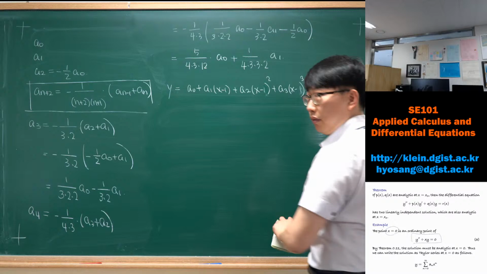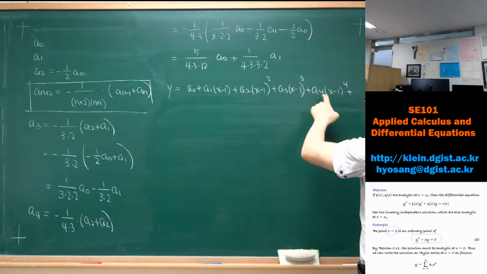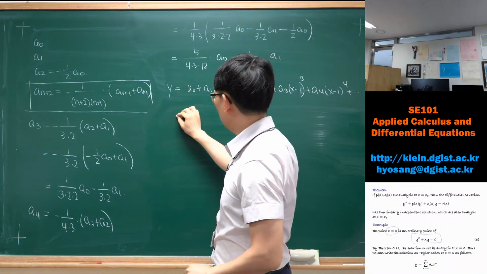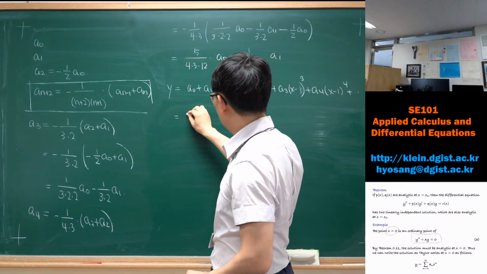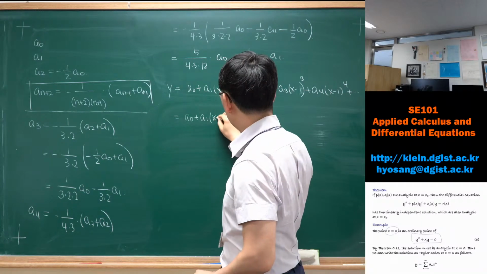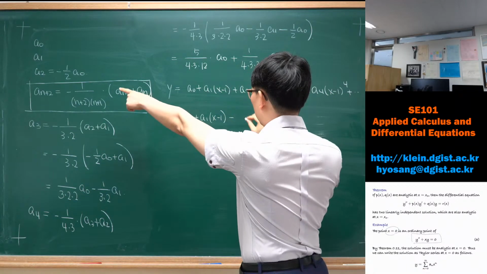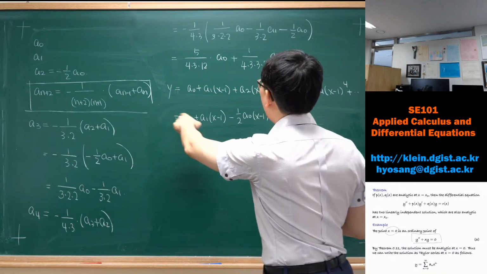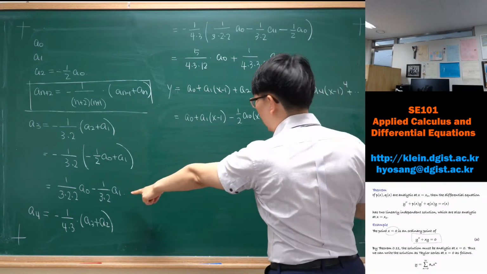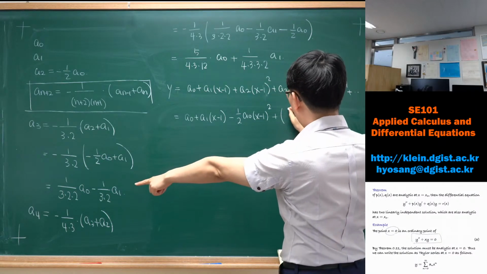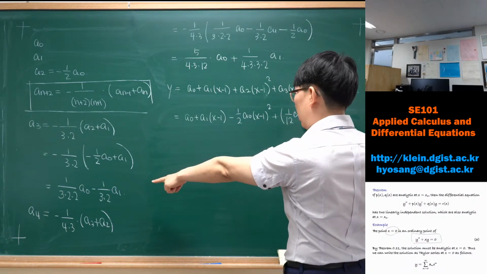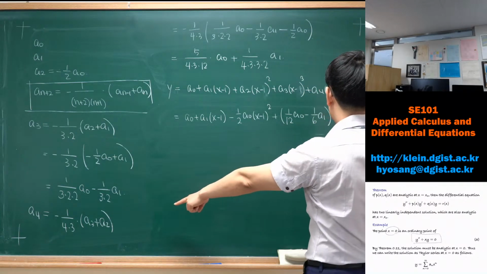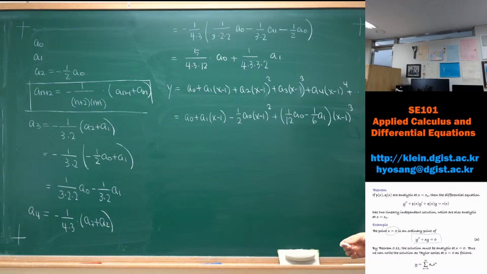It goes infinite, but I know my coefficients only up to A4, so that's why I wrote only up to A4. So A0, A1 (x minus 1), and A2 is minus 1 over 2 A0, (x minus 1) squared, and A3 is 1 over 12 A0 minus 1 over 6 A1, (x minus 1) cubed.